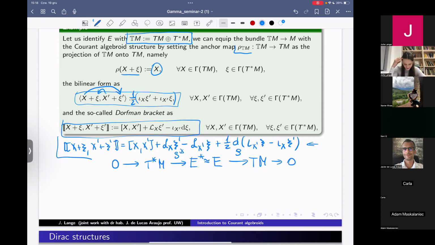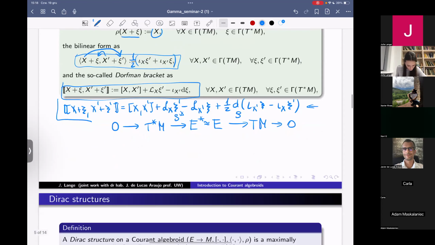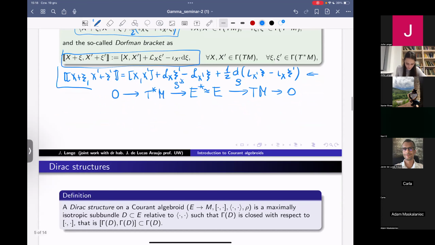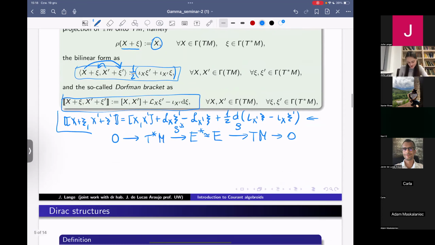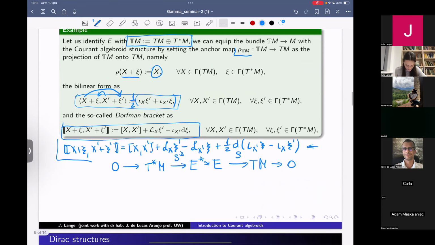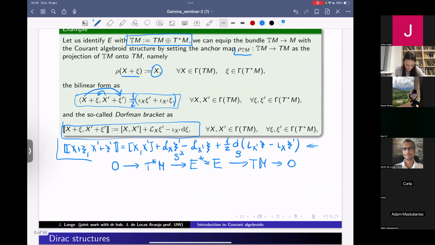Yeah, this bracket, okay, maybe let me leave it for later, because I need to first discuss Dirac structures, okay?